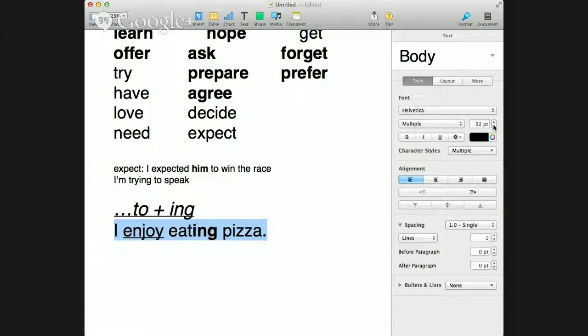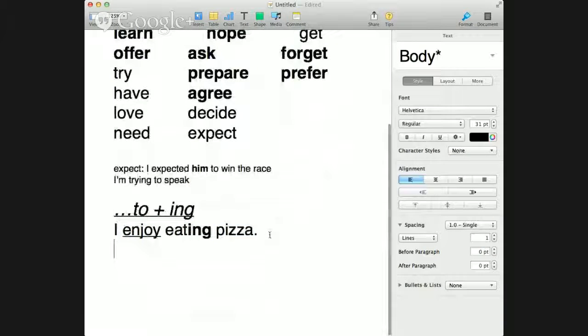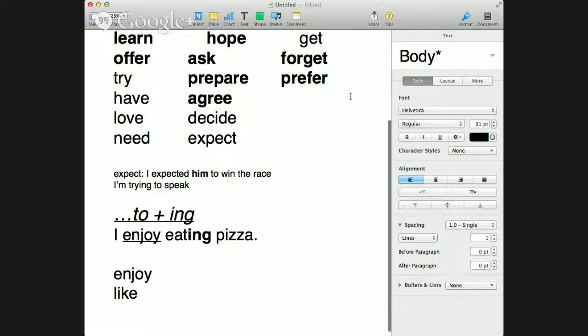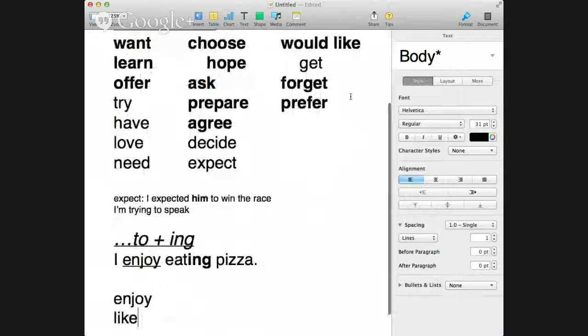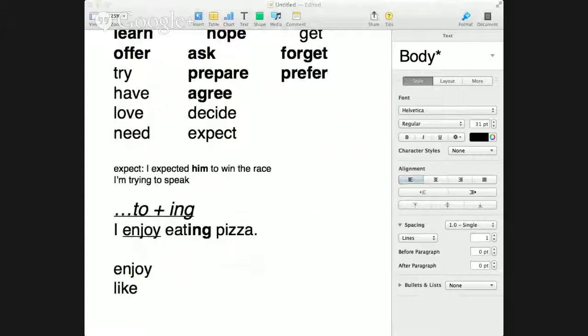What are we going to put in here? Enjoy plus ing. Does anybody know any others? We can use that for both, but yeah, I'll put it in here. I like.